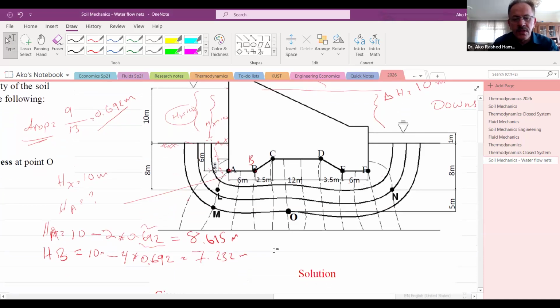What will be the H at C? This is C, C on the drop line.